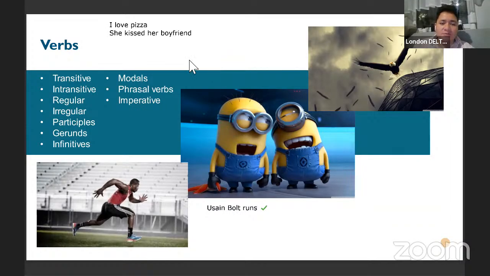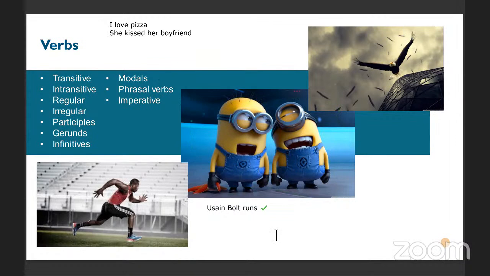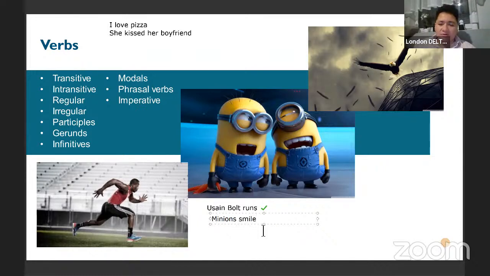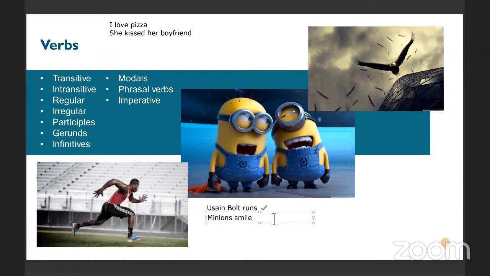What is the next verb? This one with the minions. Smile. Minions smile. Do you need to say something else? No, right? Very well.